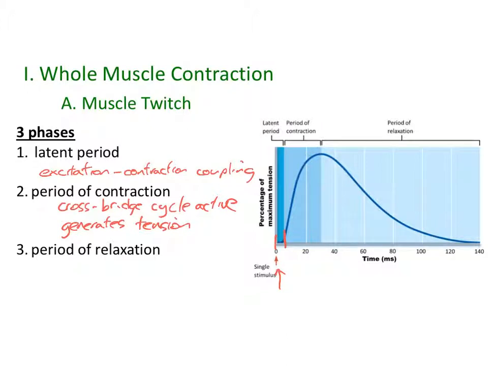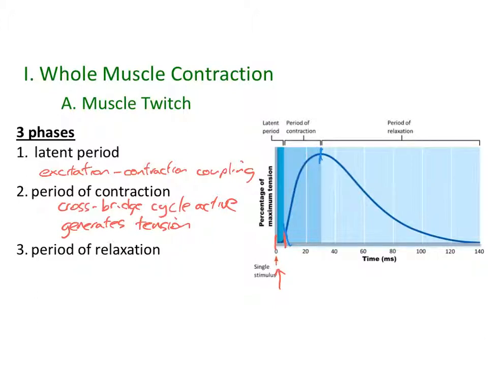And during a certain type of contraction, this is the period when the muscle will actually contract or shorten. It is not always the case, because muscles can actually be pulled apart even though they're generating force. And so here on this graph, you can see the period of contraction is from about 5 milliseconds to roughly 30 milliseconds.